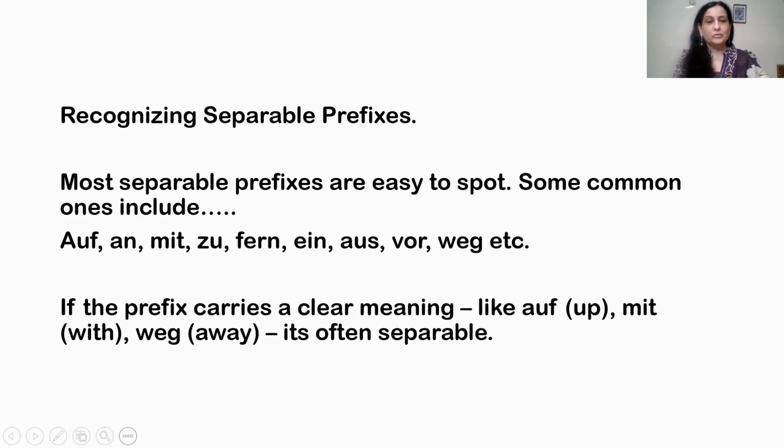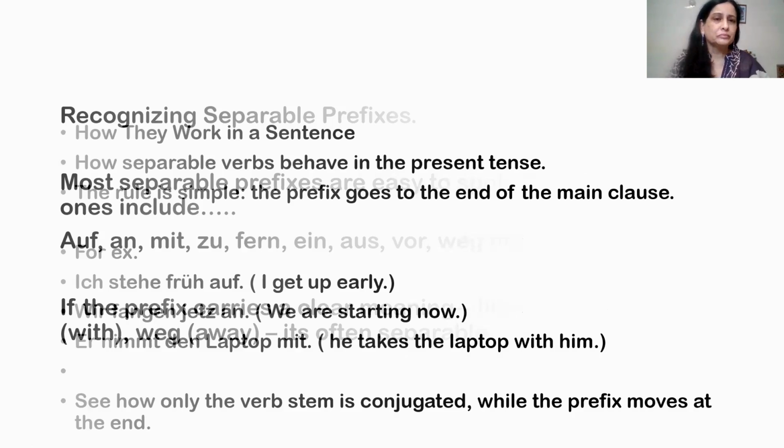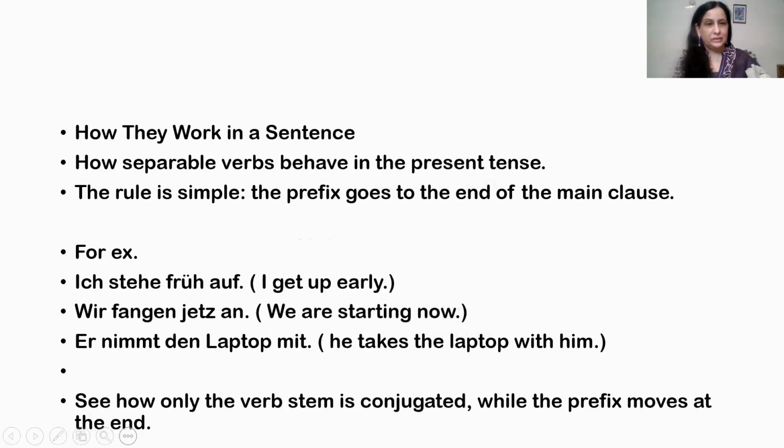In separable verbs, the prefix carries a clear meaning. It has its own meaning, right? Like auf is up, mit is with, weg is away. So it's often separable because it carries its own meaning, so it can move to the end of the sentence. Okay, this is clear.